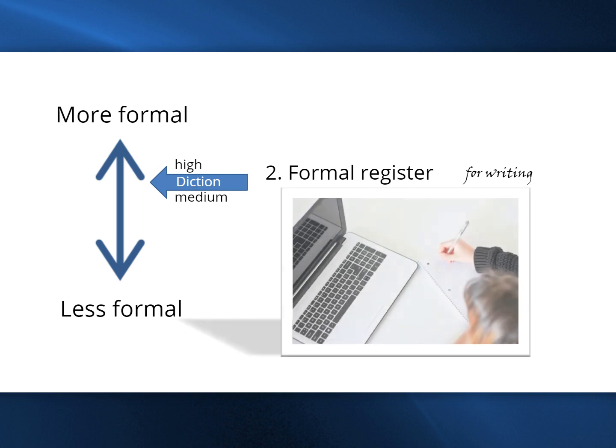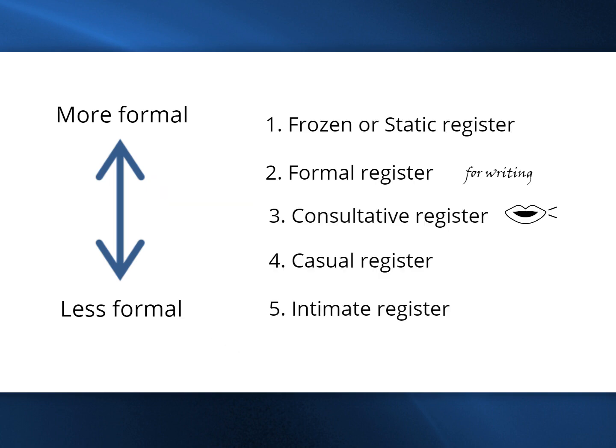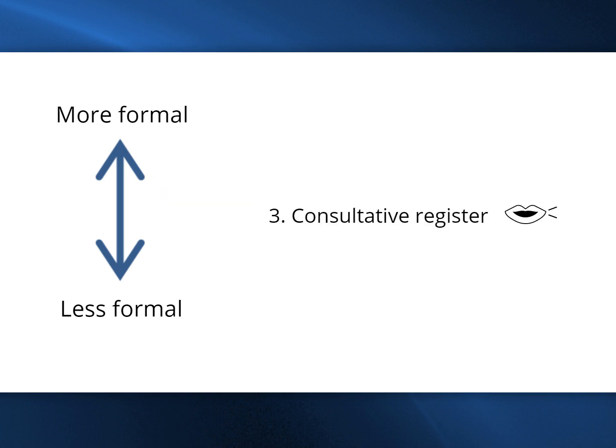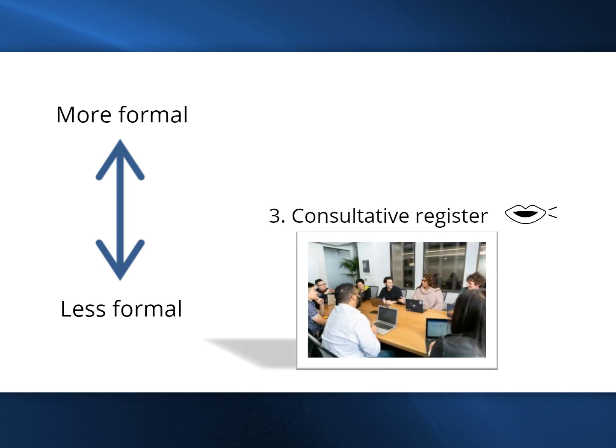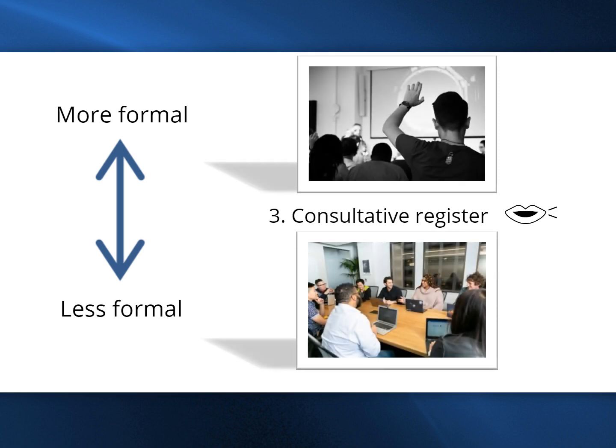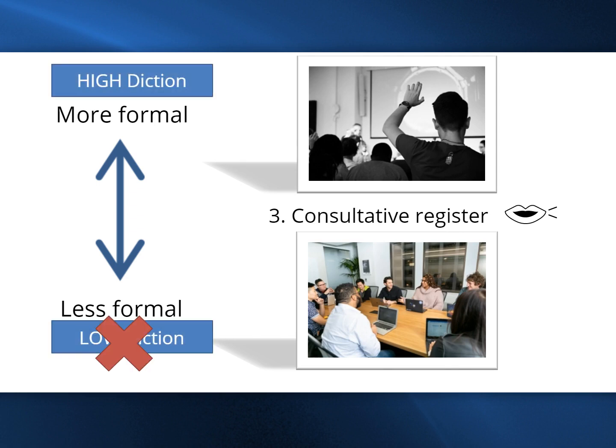This is the way you would write a class essay. The consultative register is what people use at work or in the classroom when they are speaking in the context of performing their job or communicating with an authority figure. You definitely do not want to bring low diction terms in here.